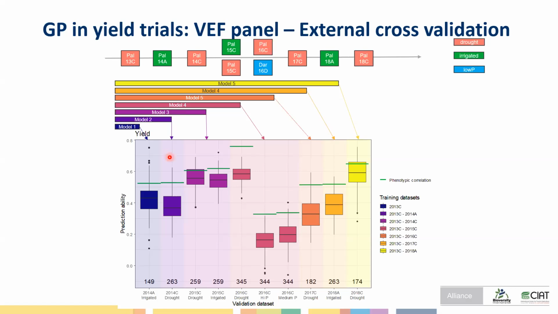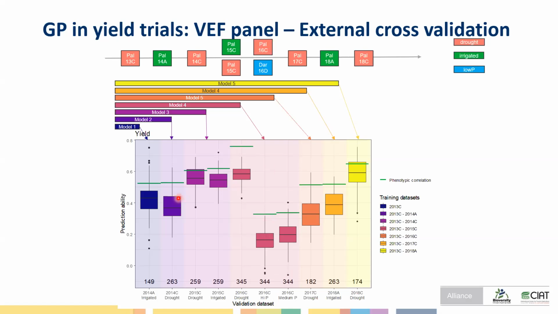Here it is interesting to observe how the prediction ability increased as the models were fit with more trials. The models with more data, with more trials, increased the prediction ability, but we only see a drop in the prediction when we try, for example, to predict the trials carried out in Darien with the trials carried out in Palmyra.